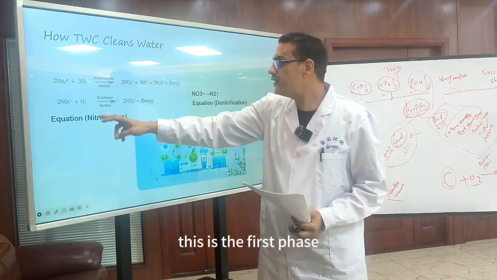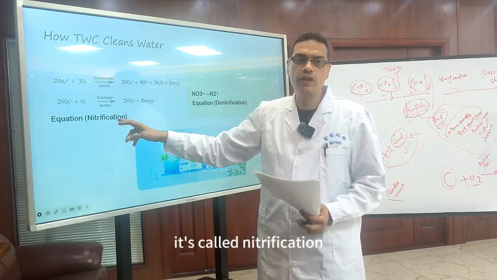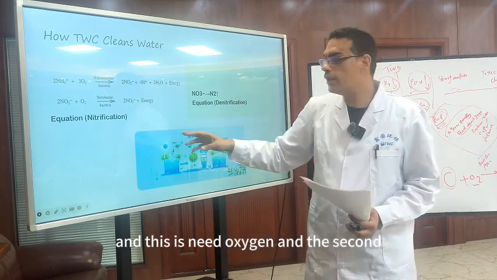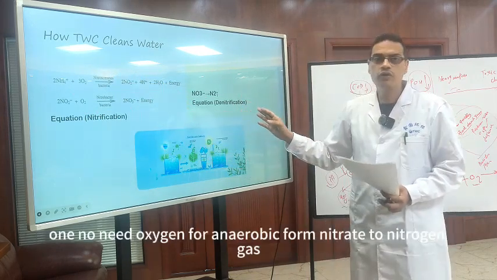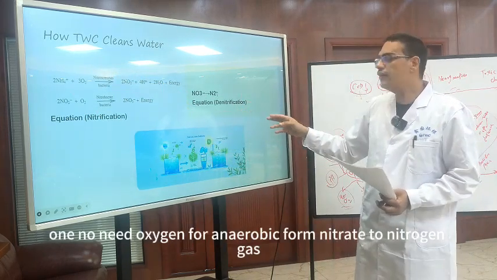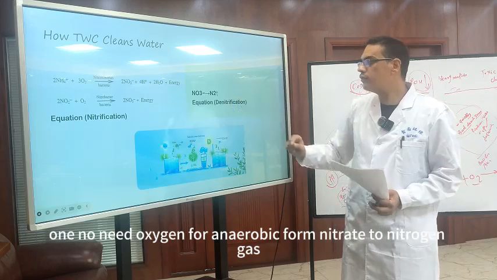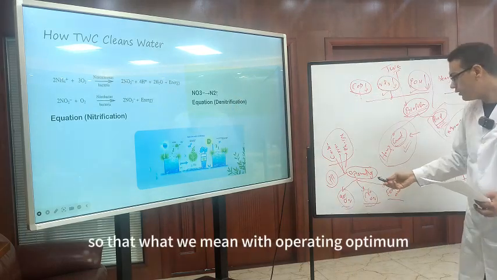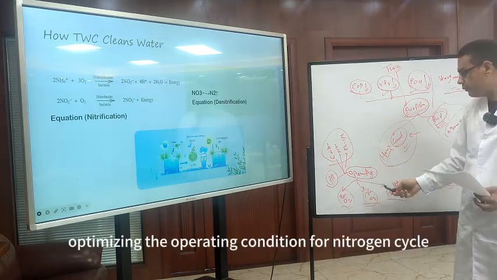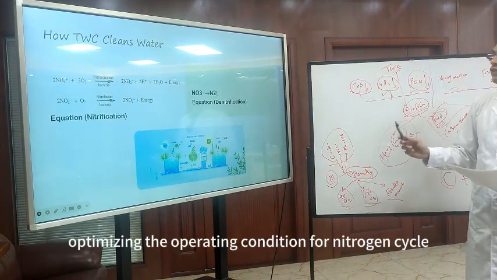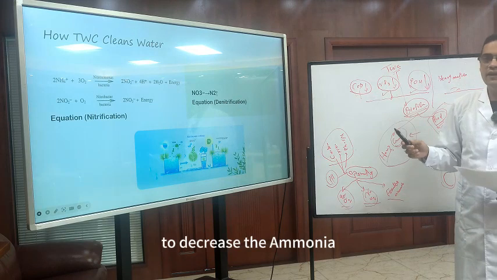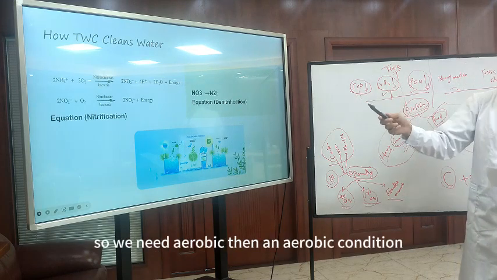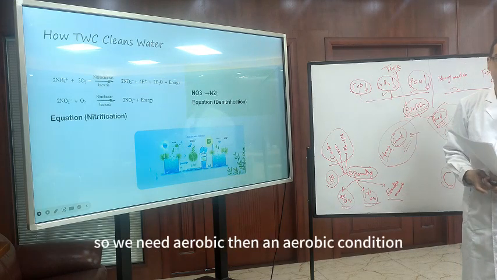This is the first phase. It's called nitrification, and this needs oxygen. And the second one, no need oxygen, anaerobic, from nitrate to nitrogen gas. So that's what we mean with optimizing the operating condition for nitrogen cycle to decrease the ammonia. So we need aerobic, then anaerobic condition.